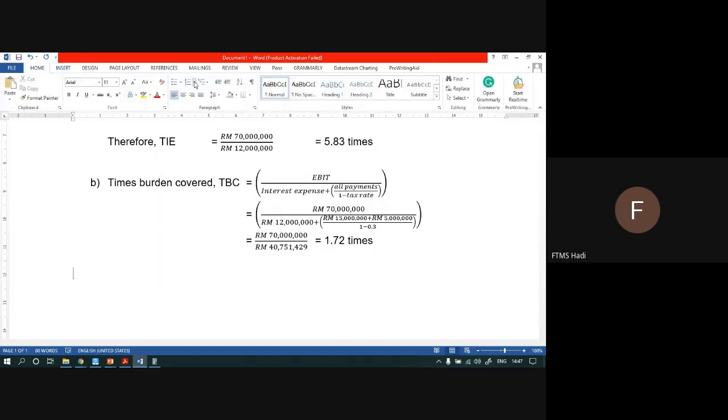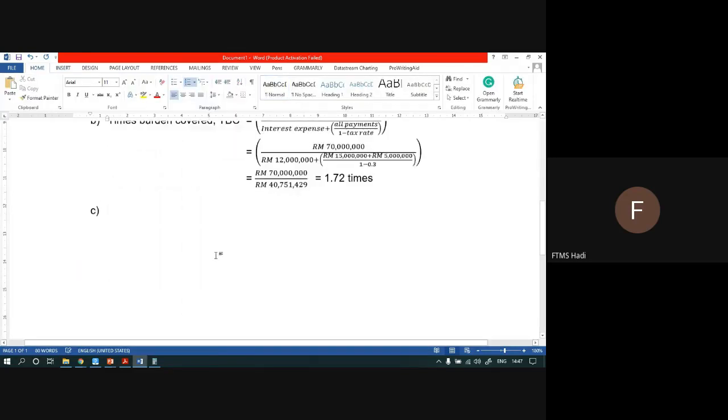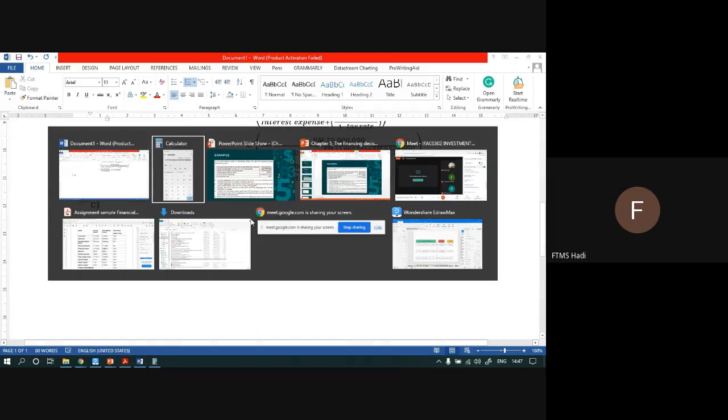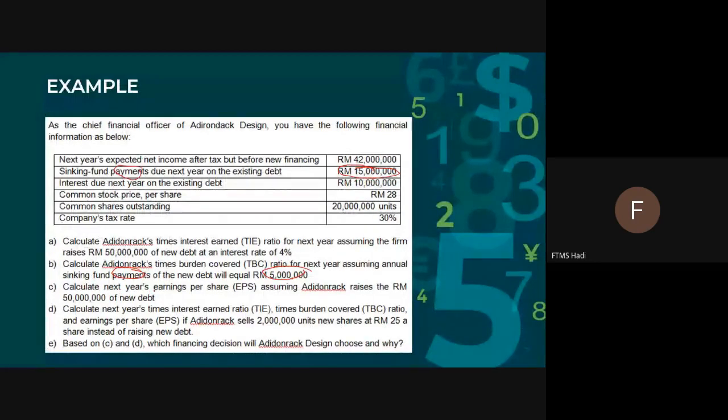Let's have a look at question C. Question C says calculate the new earnings per share, EPS, next year, assuming Adidon Rex raises the RM 50 million of new debt. Earlier we talked about this one.